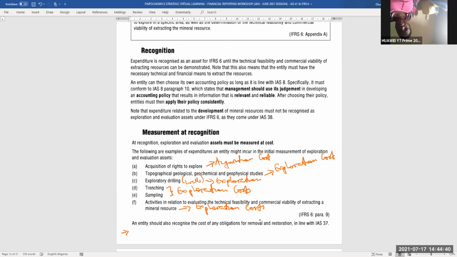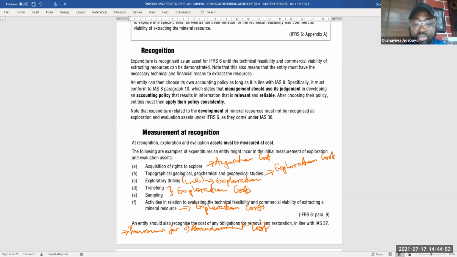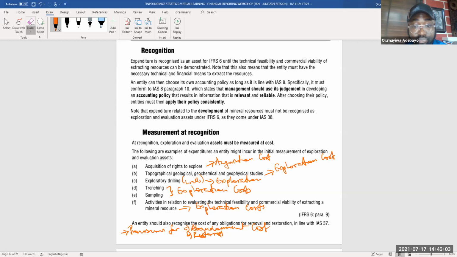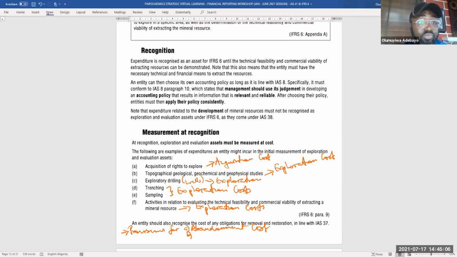And such costs may include making provision for abandonment costs, restoration costs, and asset retirement costs.